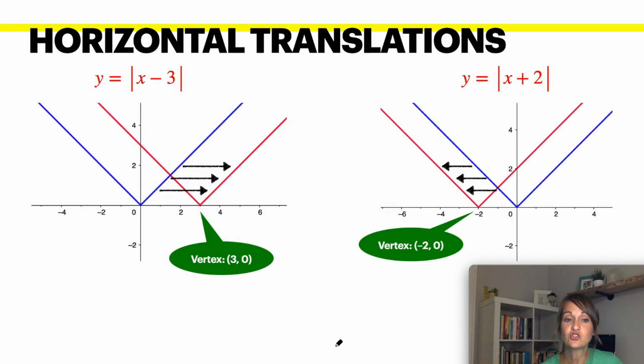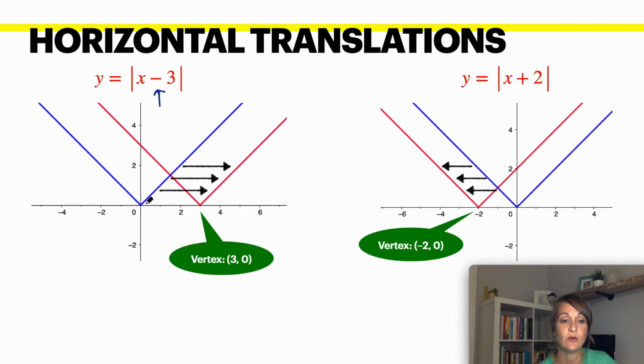A horizontal translation is slightly different. If you notice, when you're translating it to the right, it actually changes signs of the inside of the absolute value. And the reason is because what value of x is going to give you 0? A positive 3 in this case. So a positive 3 minus 3 gives you 0.